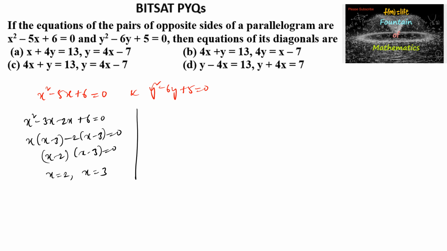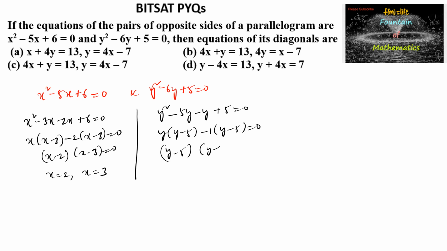Similarly, for the other sides, y² − 6y + 5 = 0, we can write y² − 5y − y + 5 = 0, or y times (y − 5) minus 1 times (y − 5) equal to 0. So we can write (y − 5)(y − 1) = 0, which implies y = 1 or y = 5.